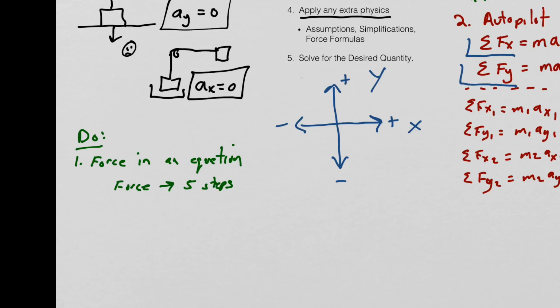What are the quantities that the 5-step process can tell us? The quantities it can tell us are values for forces, values for masses, and values for accelerations. So, if you think about it, to this point, the 5-step process is the only way that we can get forces and masses.